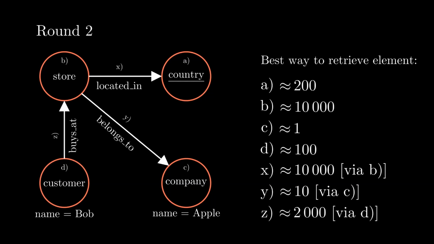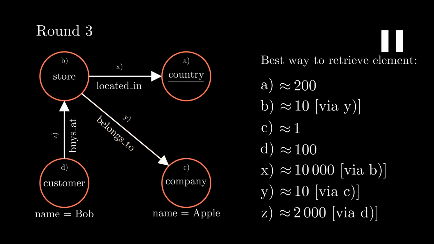So we now have an estimation for each element of the pattern graph, but we can further refine them in the next round. For example, we know that the belongs to edge will only yield 10 results approximately. So we can refine our estimation of how many stores there will be, because we know that each belongs to edge has exactly 1 ingoing vertex store.